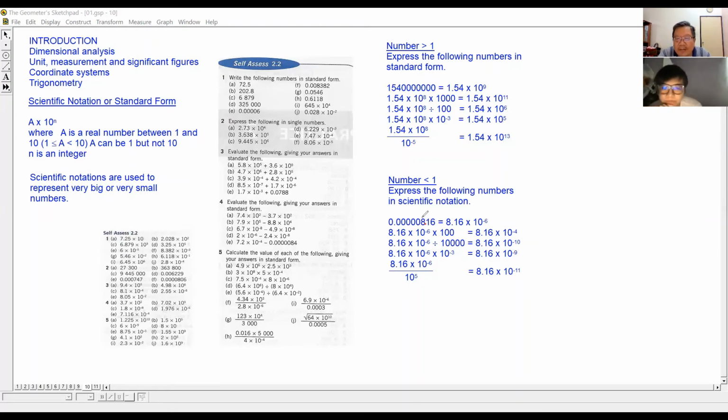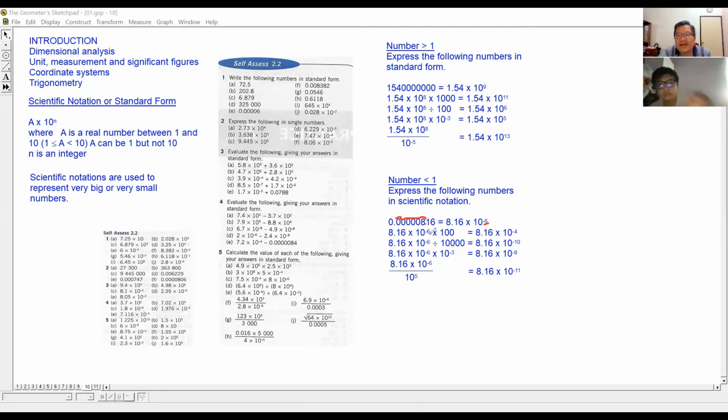Then you count from this decimal place 1, 2, 3, 4, 5 until that decimal place. I have moved 6 places. So it is 10 to the power of negative 6. You know how to write this, right?